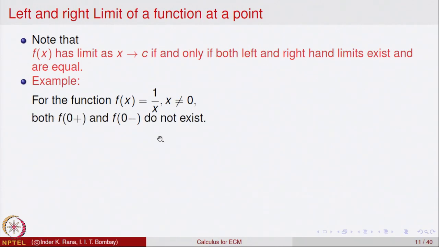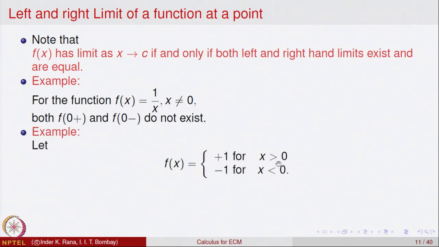So, the left limit and the right limit both do not exist, because if you go from the left, 1 over x diverges to minus infinity. If you take a sequence x_n converging to 0 on the left, 1 over x_n will diverge to minus infinity. If x_n is positive and converging to 0, 1 over x_n will diverge to plus infinity. So, both do not exist.